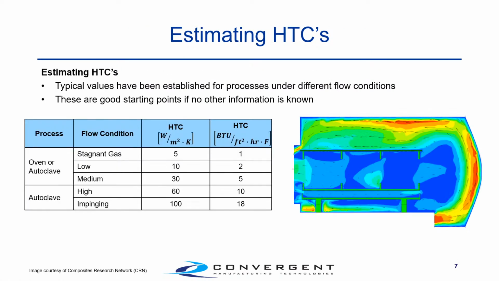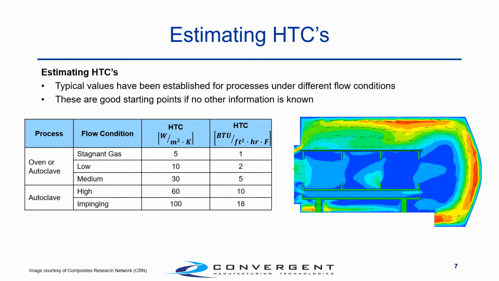When you need to estimate an HTC, a good place to start is with some typical or established values under different flow conditions. As you can see here in this cross-section of the autoclave, we actually have a part representation in here as well. And we can see within this autoclave that we actually have areas with very low stagnant airflow.